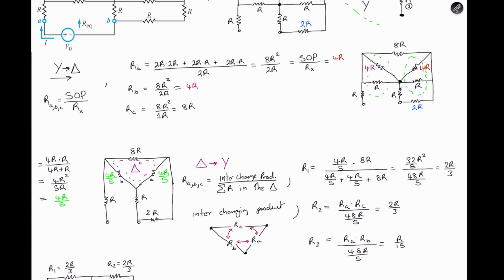So that's 4R times R, which is 4R squared all over 5R. That simplifies to 4R over 5. And because this is in parallel and this is in parallel, and they're of the same value for R and R on both sides, B and A are going to be equal.